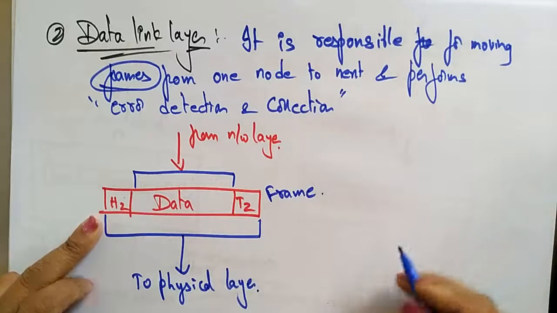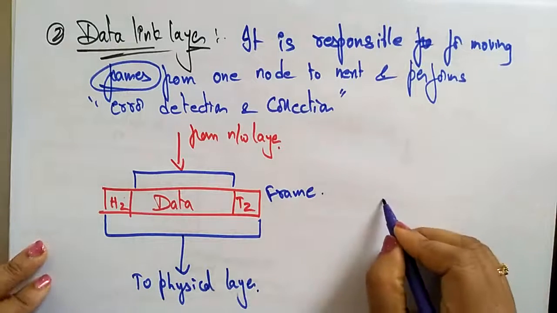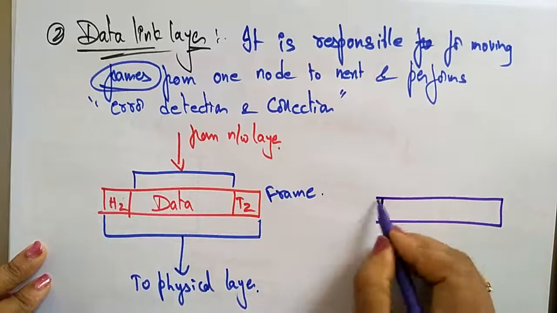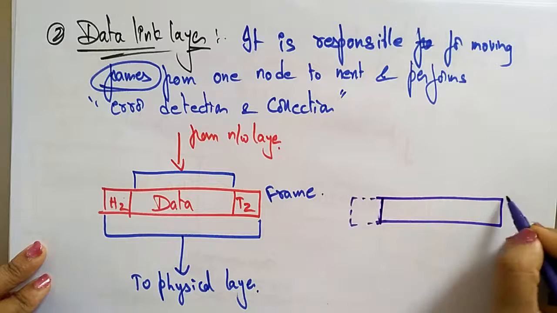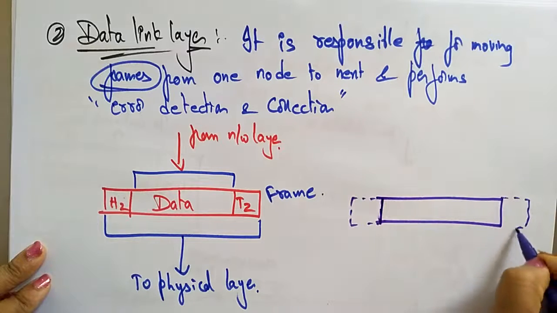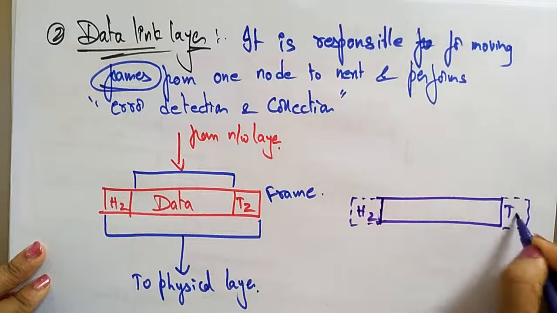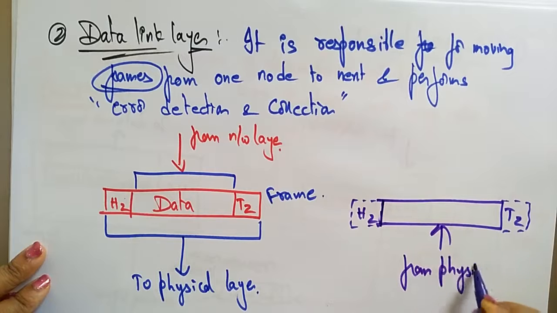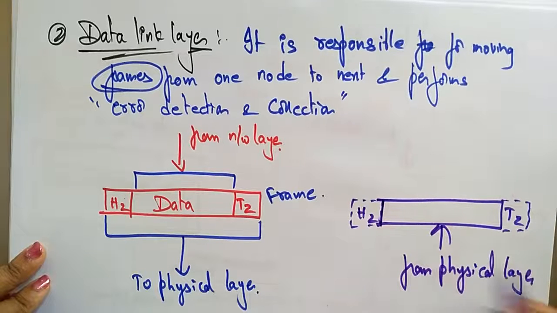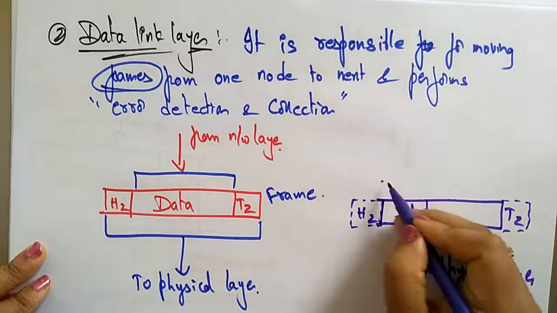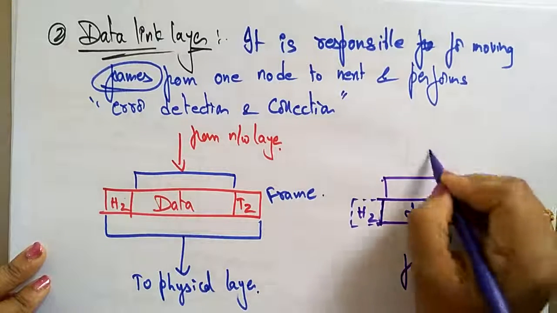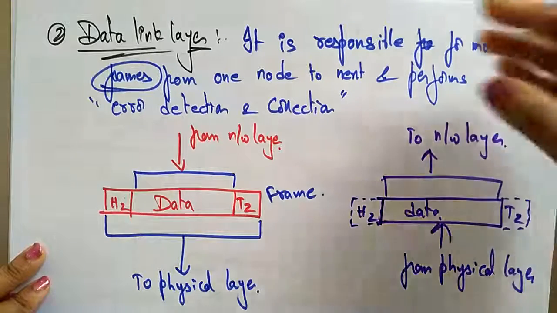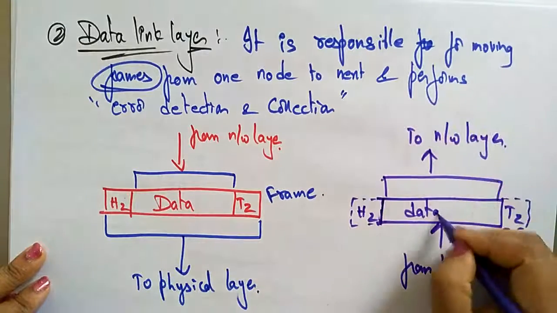At the receiver side, means another node, the header H2 and trailer T2 are removed. It comes from the physical layer, and only the data will be transferred to the network layer. Again that network layer will add the H3 header to the data.